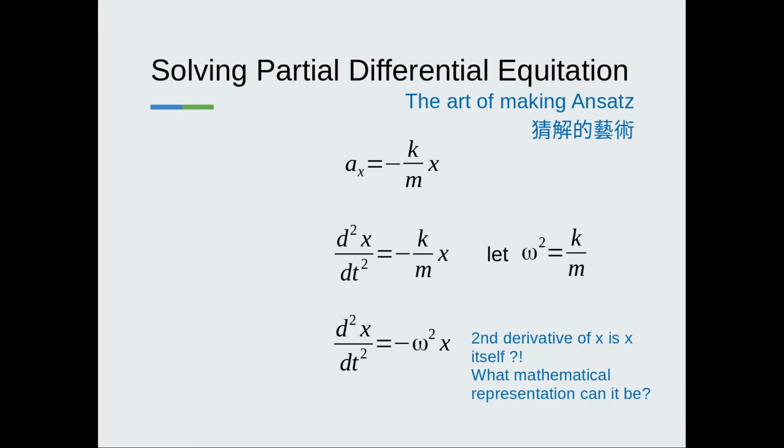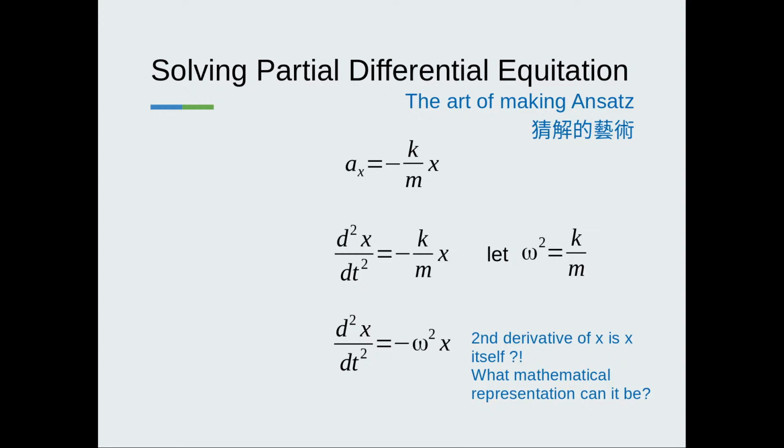The differential equation: you can see that the acceleration is in the x direction, we are in one dimension. So this is a one-dimensional problem. And the acceleration is the second derivative of position versus time.